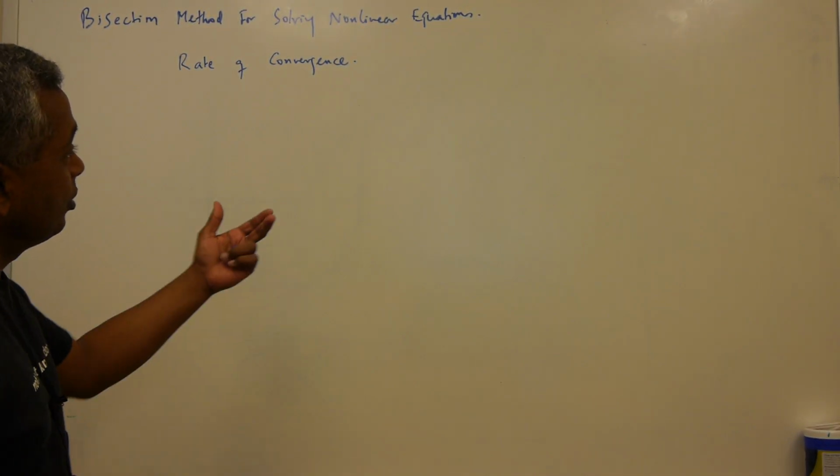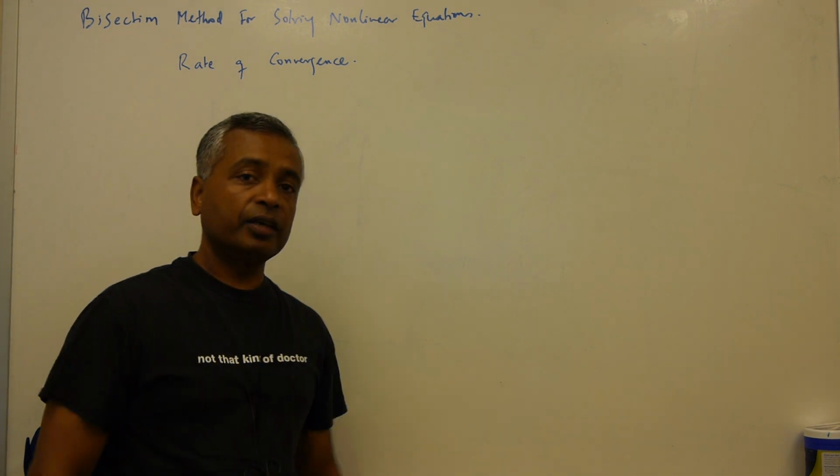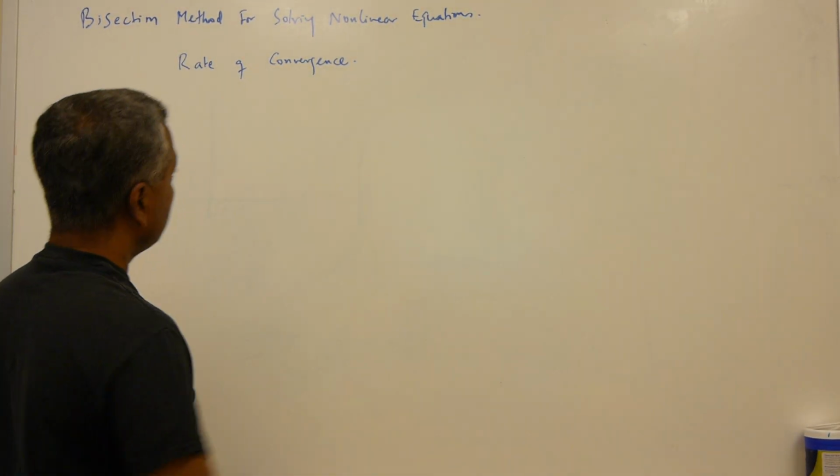All right, so to talk of rate of convergence, I'll first define a slightly formal framework where I'll talk of convergence. So remember, in each iteration, we're starting with an interval, and we keep halving the interval down. So let's say in the kth interval, the error is ek.